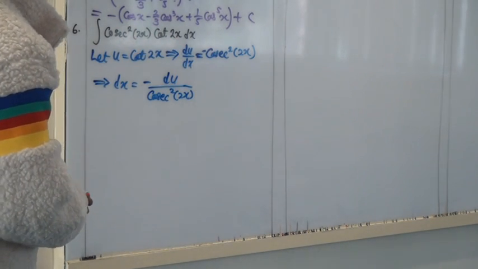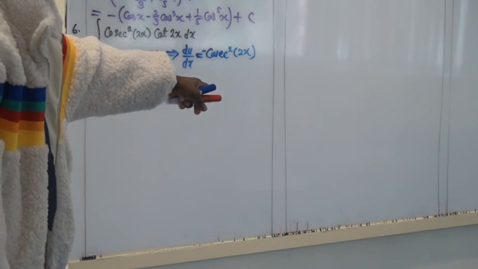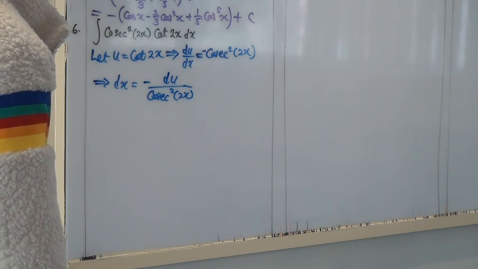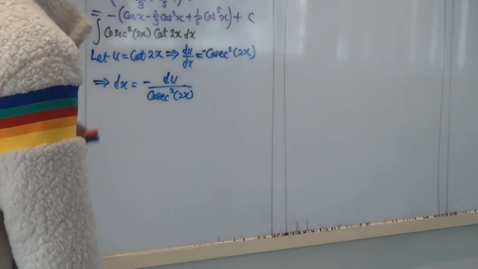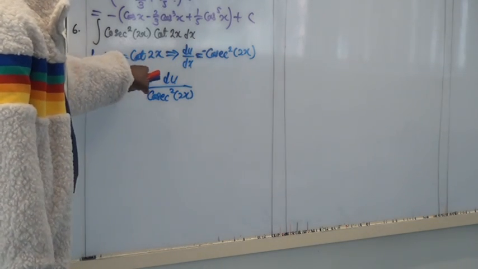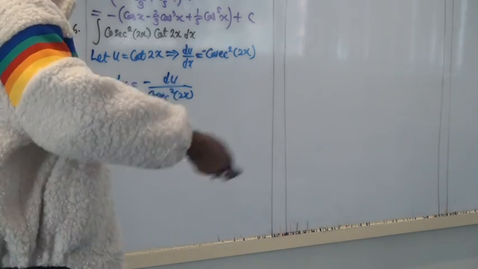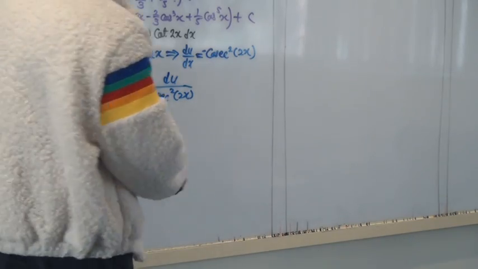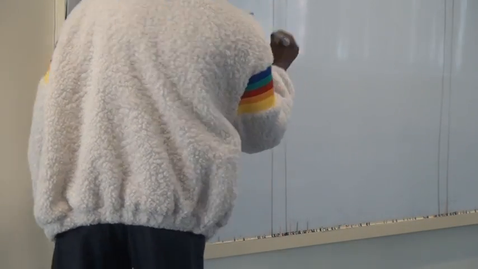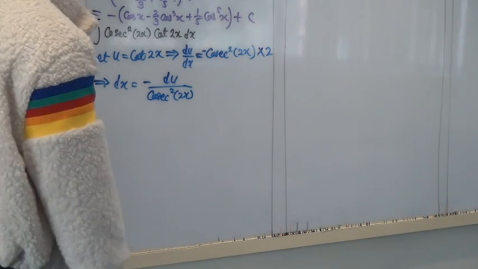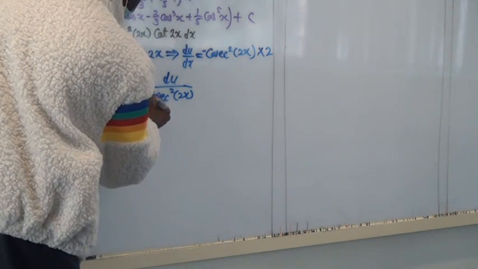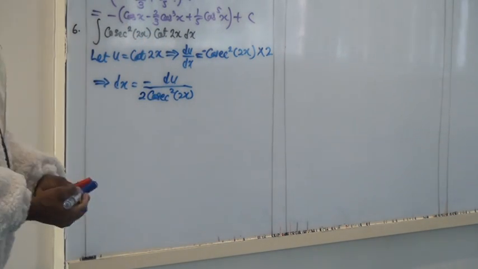Wait a minute, there's a 2 missing. If you differentiate cot, you get cosec squared, but you have to multiply by the derivative of that function itself. Right? So in that case, we have this here.